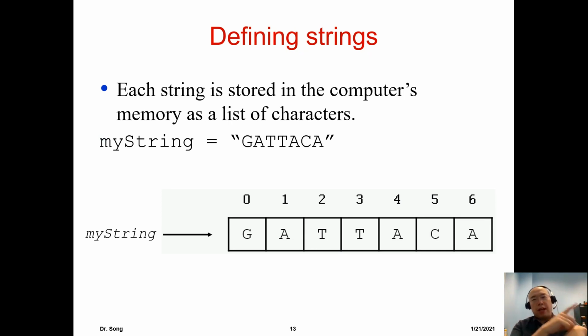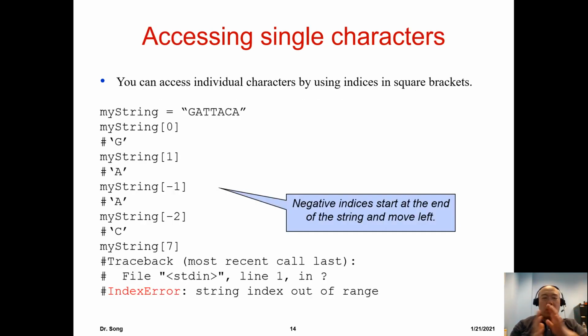If you count from the left side to the right side, that is from 0, 1, 2, and they increase. There is also another way, using negative indexes, where we count from the right side to the left side, that is -1, -2, -3. You can do either way, and you should be able to do both.